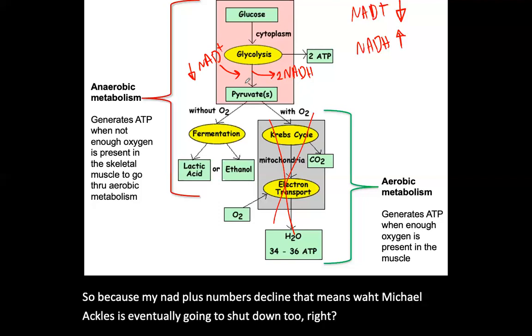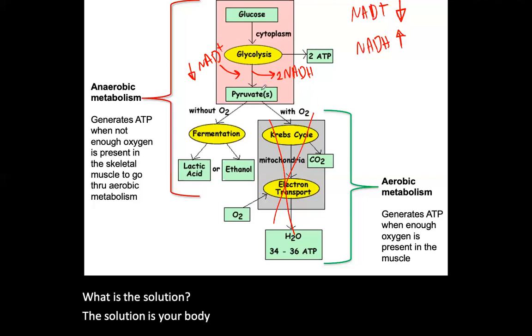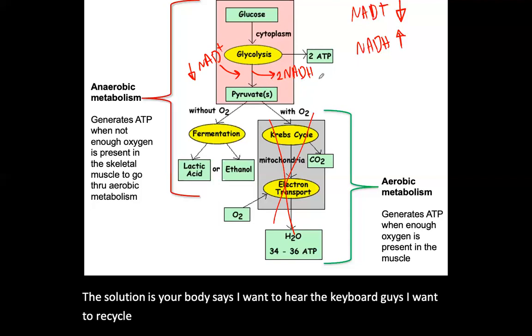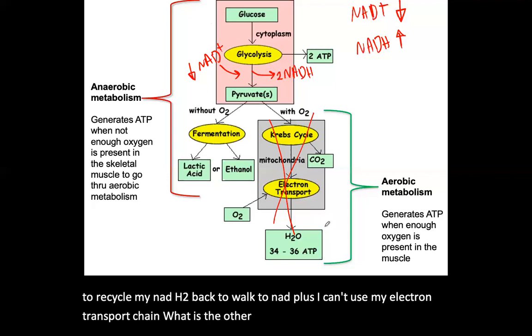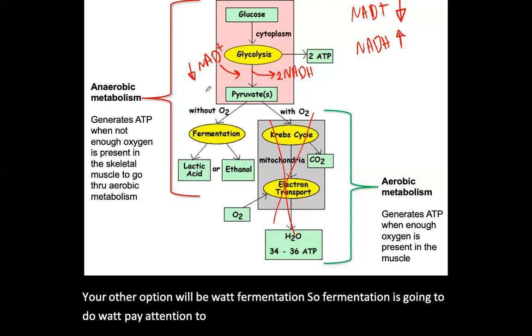So what is the solution? The solution is your body says, here's the keyword, guys, I want to recycle my NADH back to what? To NAD plus. I can't use my electron transport chain, so what is the other option I have? Fermentation. Pay attention to this, guys, this is really important.